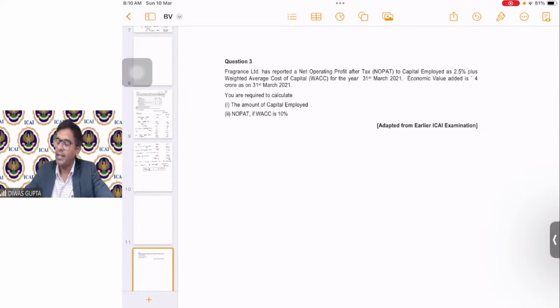Economic value added is rupees 4 crore as on 31st of March 2021. You are required to calculate the amount of capital employed and net operating profit after tax if WACC is 10%.